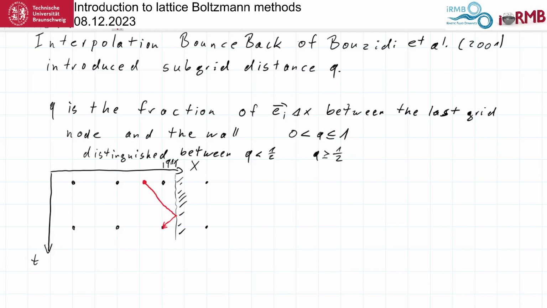So he has to obtain the population at this location, and for this he has to do an interpolation before the collision.